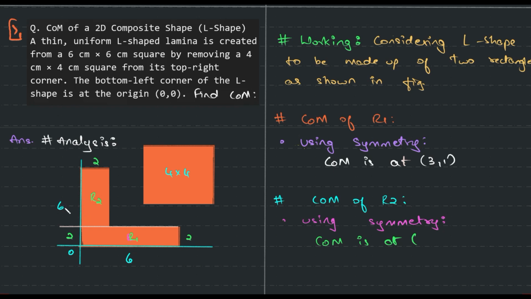This entire length is 4, so obviously it is at 2 plus 2, that is 4. Just think of this rectangle: the rectangle center is 2, 1, but the rectangle itself is shifted by 2 units, so 2 plus 2 will be 4. So the center will be over here, and the coordinate of the center is 2, 4, 1 is what I'm trying to tell. I hope it made sense. It's not that complicated actually.